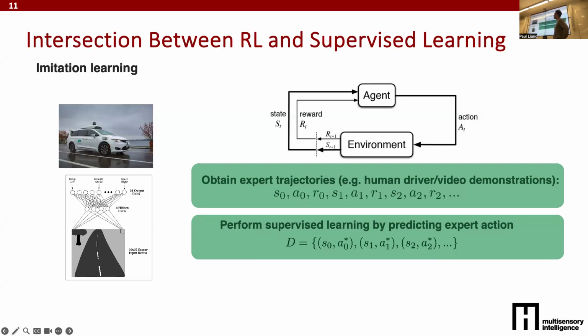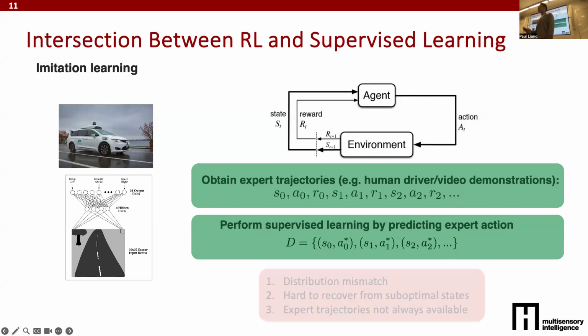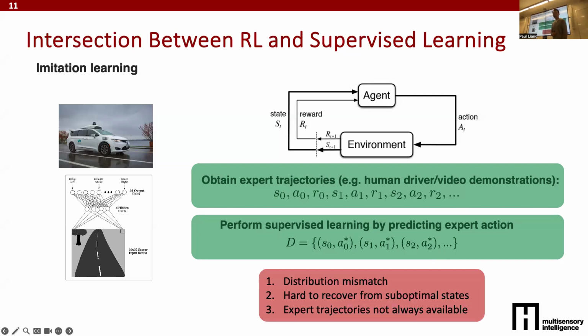It's one example of reinforcement learning, but you can also see cases why it fails. There are several big reasons. First of all, the biggest problem is distribution mismatch, right? If you see human expert drivers, they're of course going to drive well. They're going to turn and stop when they're supposed to stop and follow all the roads.